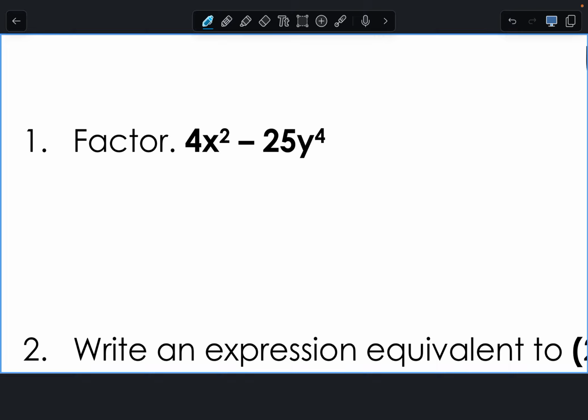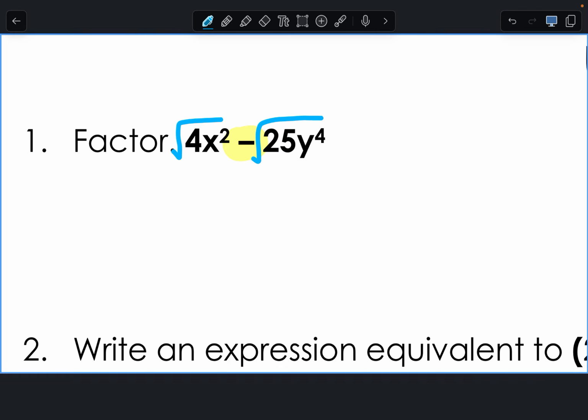What method are we going to use for number 1? You're just going to do the X. How do you know? Because there's only 2. It's a binomial with an exponent in the front, and a minus sign in the middle, so it's difference of squares, okay?